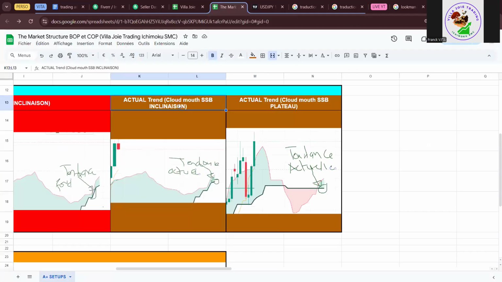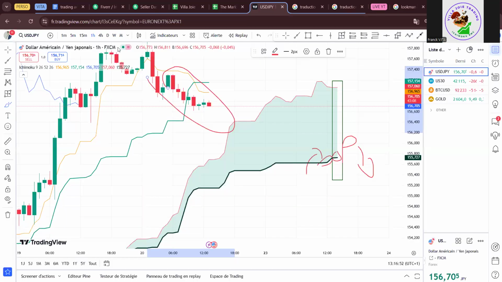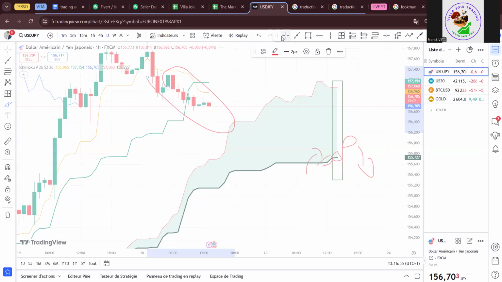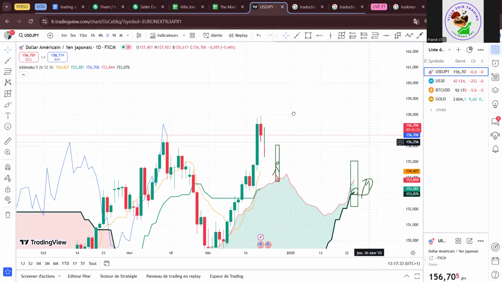So the cloud mouth can be a plateau or an inclination.